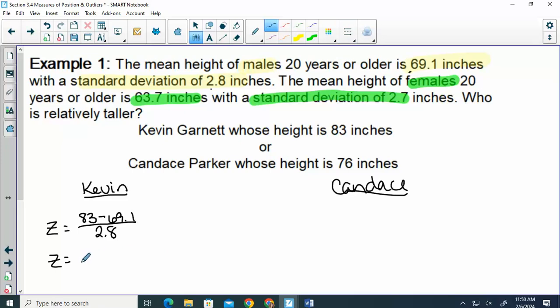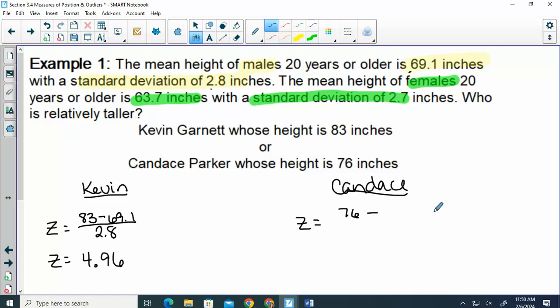Typically with the z-score, we just do 2 decimal places. So we get a positive 4.86. The positive means he's above average, so a negative would mean you were below. So he is 4.86 standard deviations above average. Then we do the same thing for her. Her height is 76.